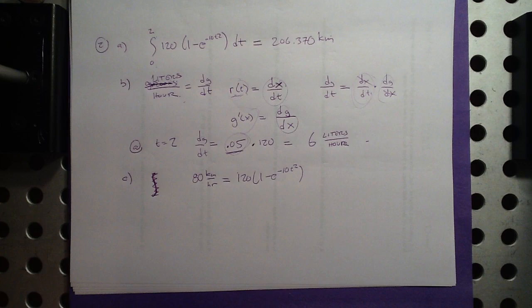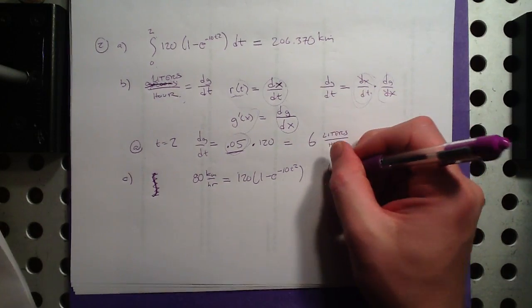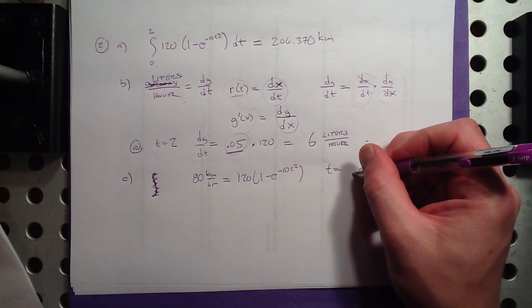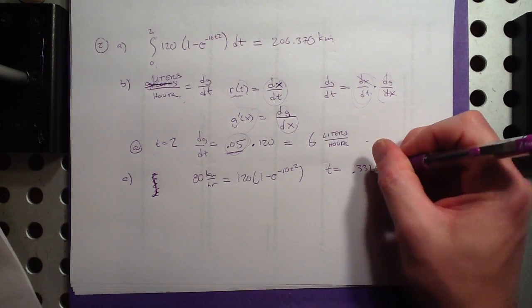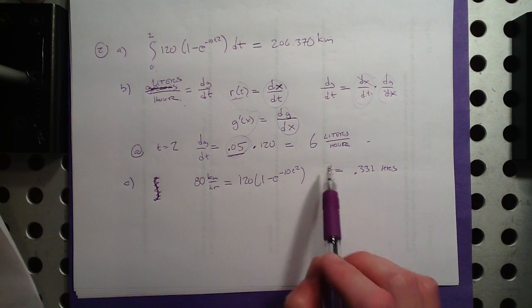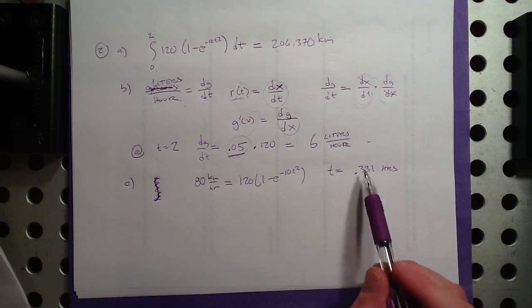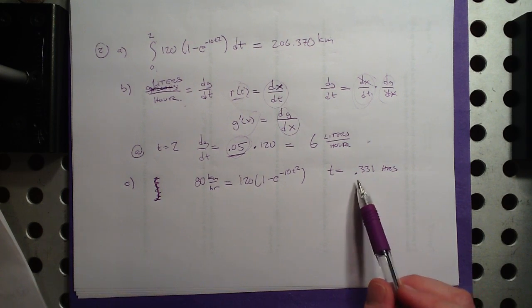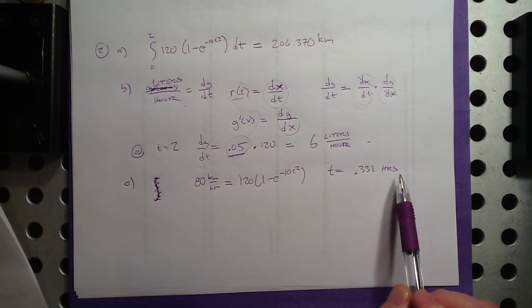Let me check my work there. Solving this equation with a calculator, you should get a time of 0.331 hours. Take a minute to make sure you can do that: subtract it to the other side and find the zero of that. That happens at t equals 0.331 hours.